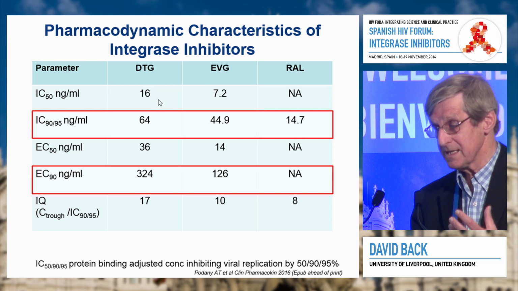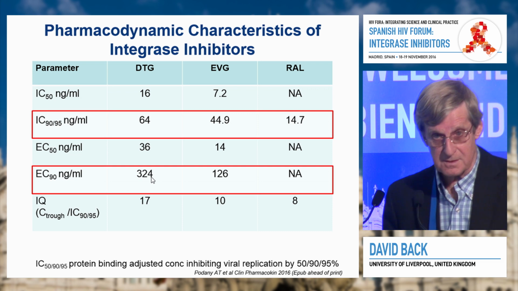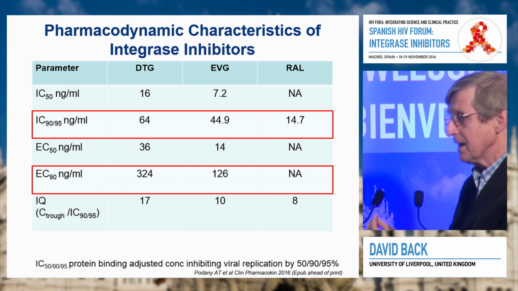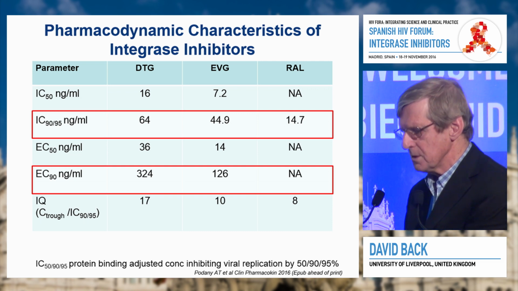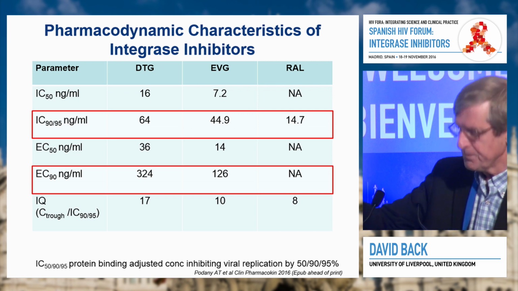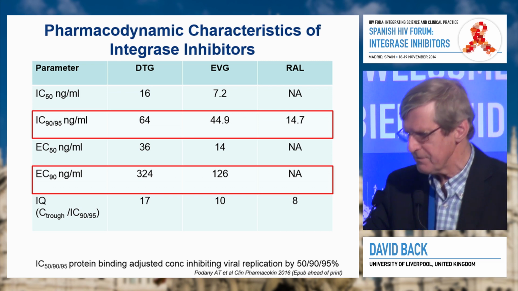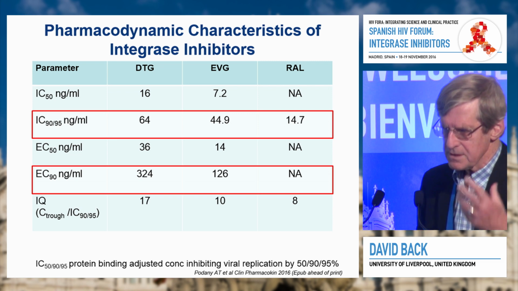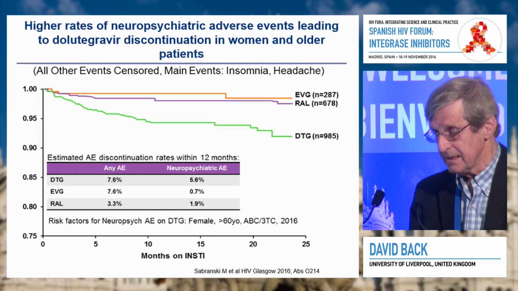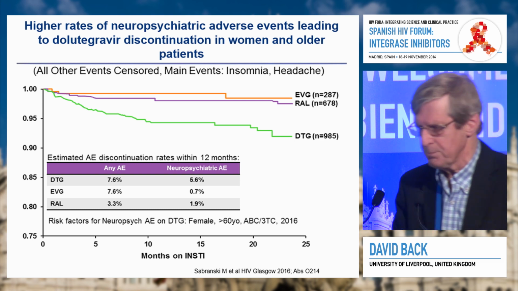And the important thing to note is these values are all different. So you have to know what value you think is the most important value to focus on and how it's going to relate the concentration of the drug you have in the bloodstream to the virus that is present also in the patient. So that's just one aspect I think that's important.